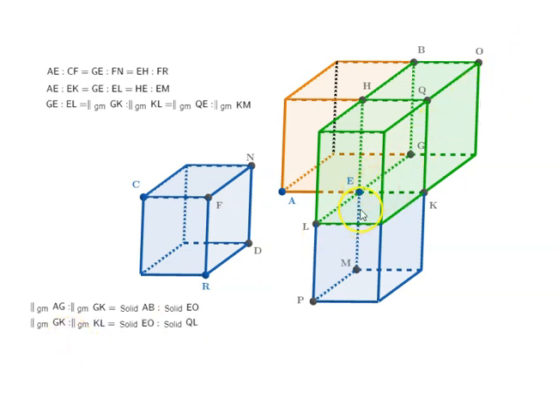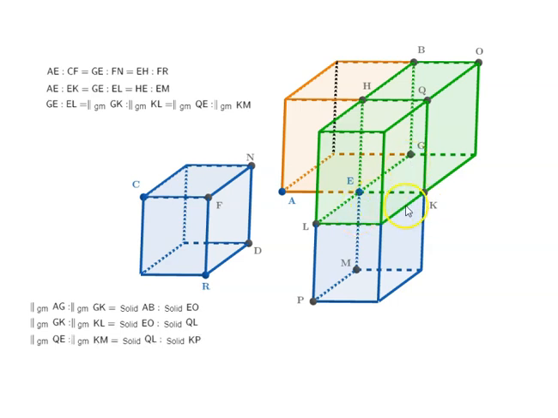Now parallelogram GK is to parallelogram KL. They have a ratio, and the same ratio will be that of the solids on them, which means parallelogram GK is to parallelogram KL as solid EO is to solid QL.